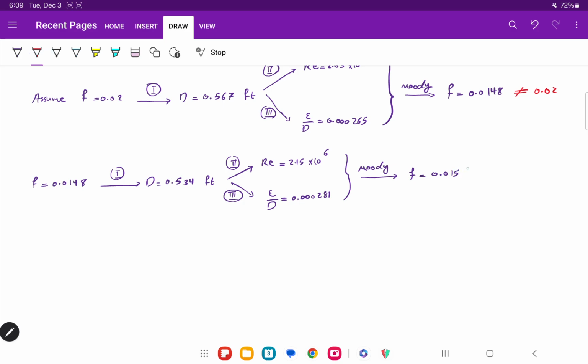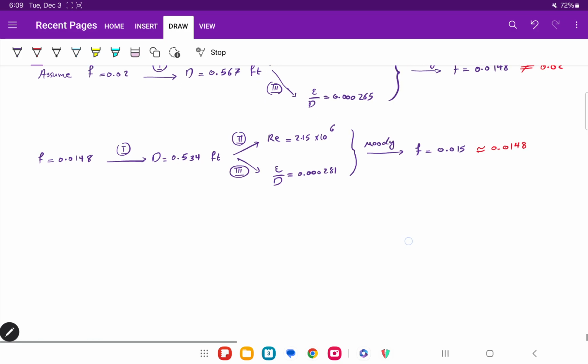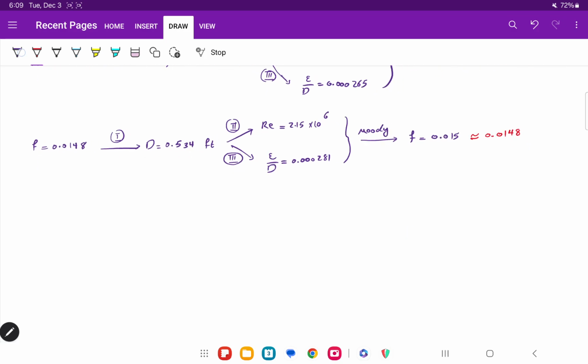It's near 0.018148. So we can consider this f our final friction. So f equals 0.015. So using equation 1 you can find diameter d equals 0.535 feet, and this is the final answer to this question.